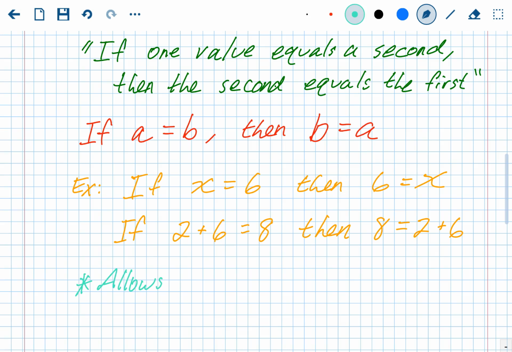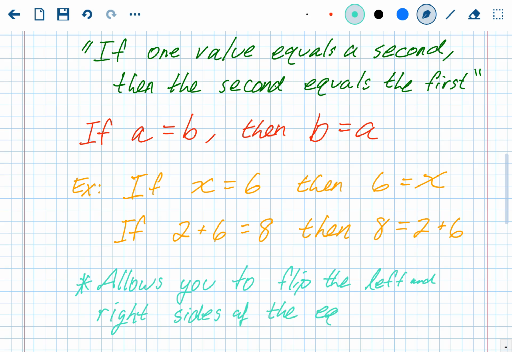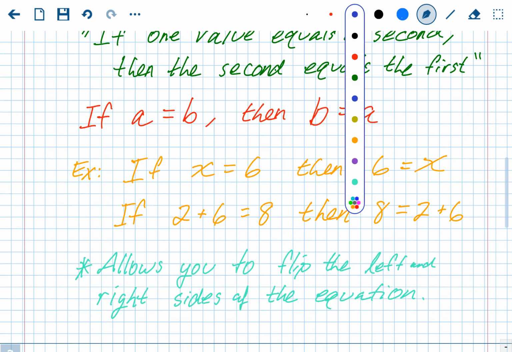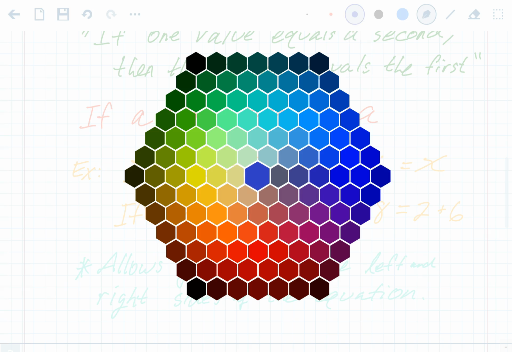This property is actually pretty important when we're solving equations. It allows you to flip the sides of the equation. So you could flip the left and the right sides of any equation, which is very important, especially if we like having our variables on the left side. So that one's important, but it seems silly to define. It's kind of obvious.